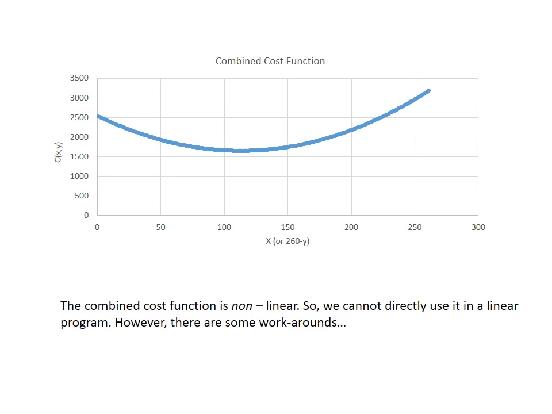So this is the combined cost function where on the y-axis you have values of c of x, y, and on the x-axis you have different values of x, but you could view that equally as something that implies a value of y, since we know that x equals 260 minus y because of our constraint. So the upshot here is that the cost function is nonlinear.